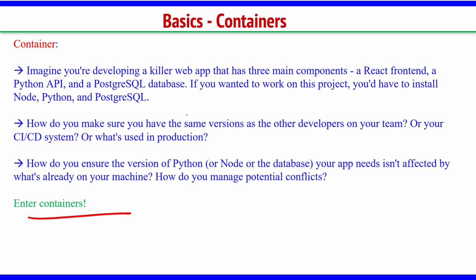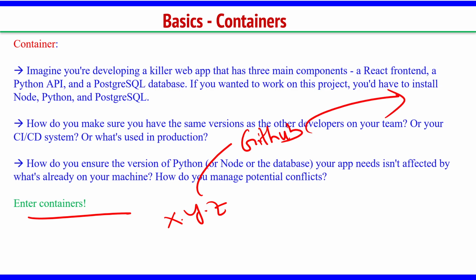My machine could have some particular version, say X, Y, Z, installed. I run the code, execute it, and then push it into GitHub. Somebody else does a pull operation, takes the code which I have committed, and tries to execute that.